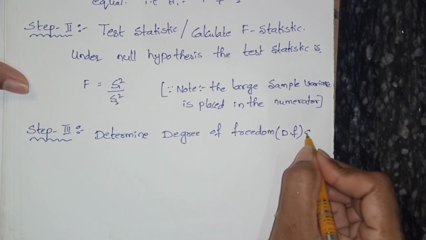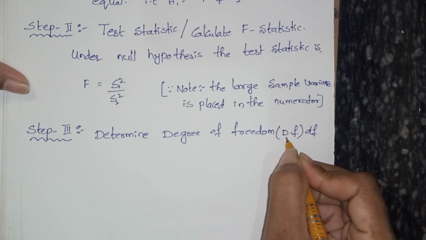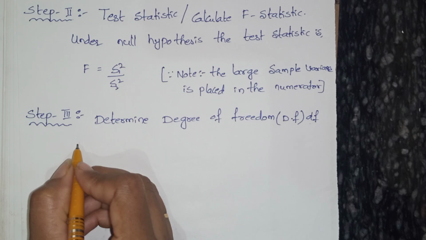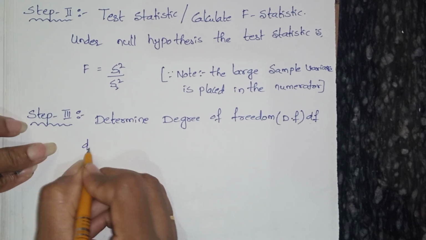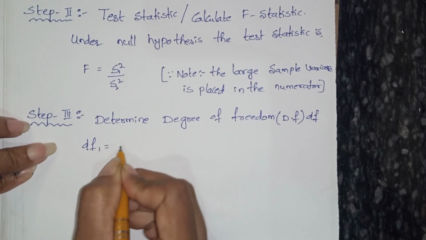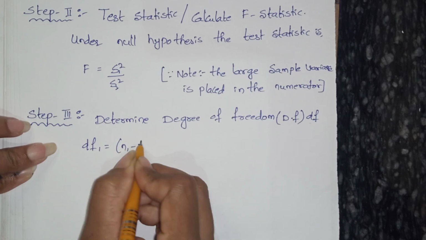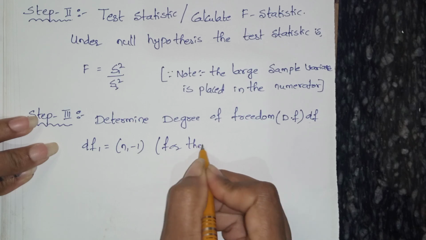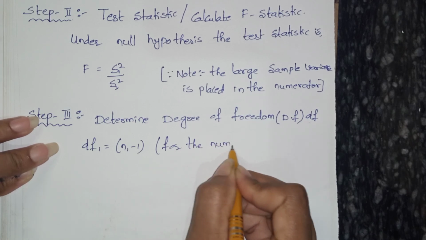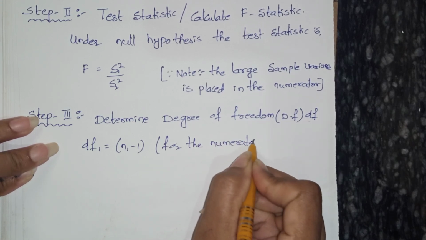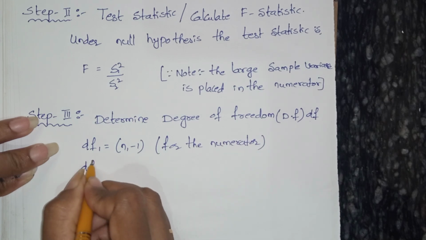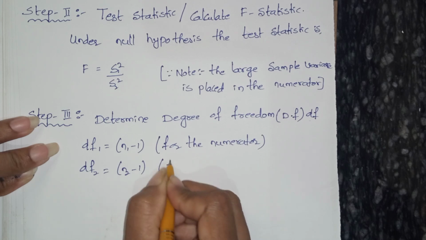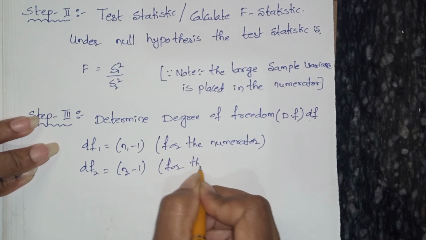Here df1 equals n1 minus 1, which is for the numerator. Next, df2 equals n2 minus 1, for the denominator.